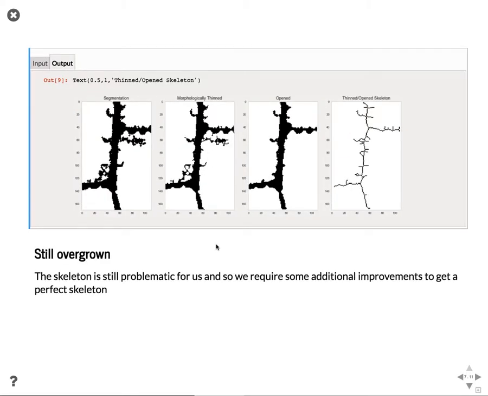So it's still overgrown. How would you go about getting rid of some of the last elements? Any ideas?